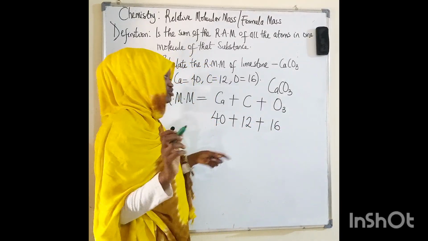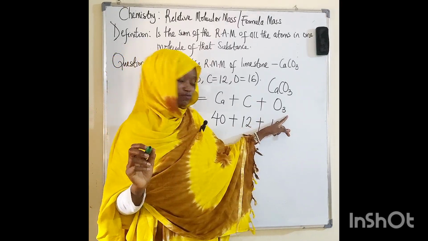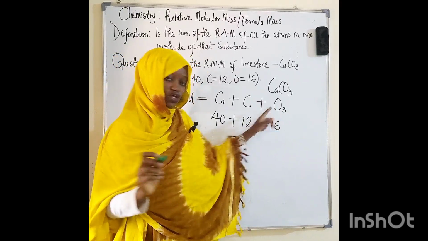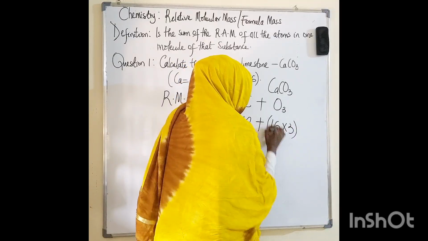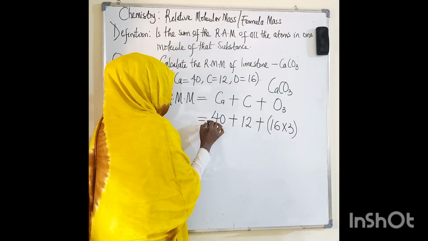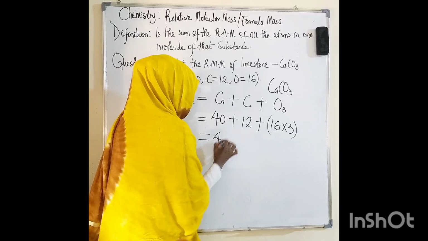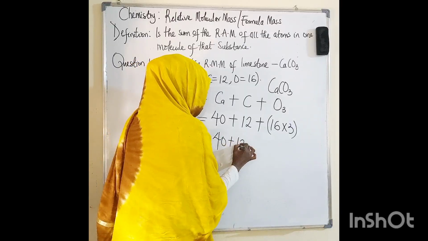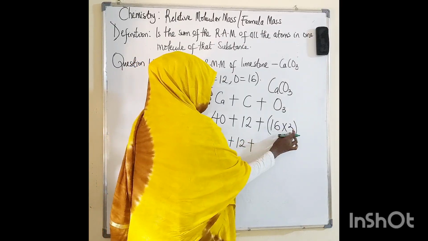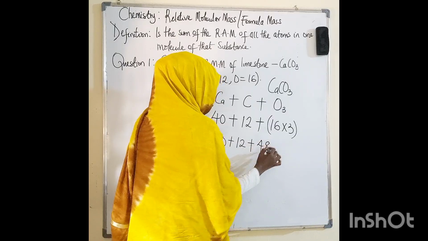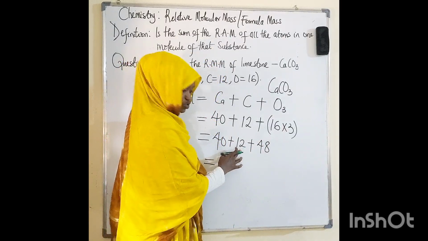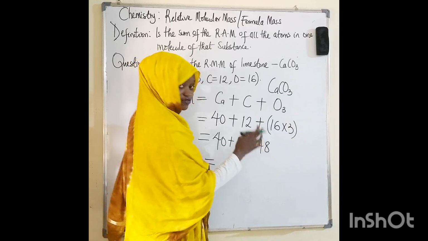But in this case, we have to multiply the 16 by 3 because we have a 3 attached to the oxygen. So simplifying, we have 40 plus 12 plus 16 multiplied by 3, which gives us 48. 40 plus 12 is 52, and 52 plus 48 gives us 100.